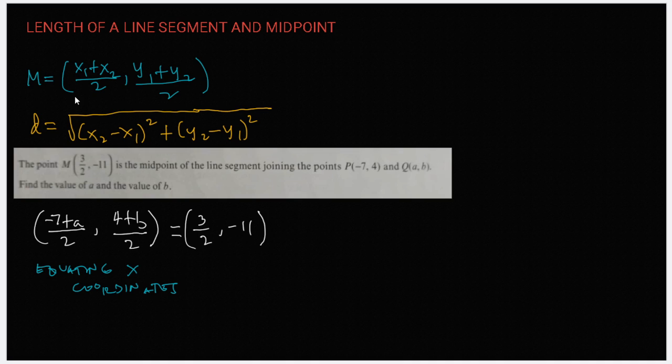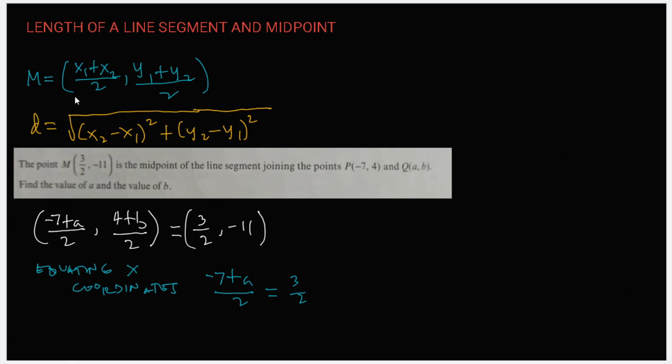That would be (-7 plus a) over 2 is equal to 3 halves, because remember, this is your x, this is your y, this is the x, this is the y. So that's why the x's will be equated to the midpoint of the x also.